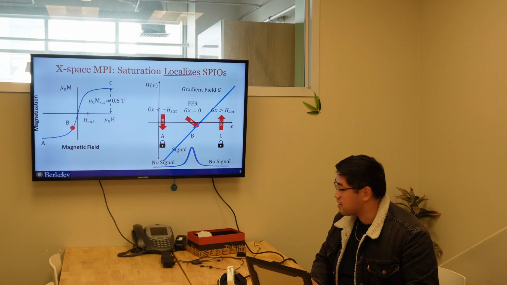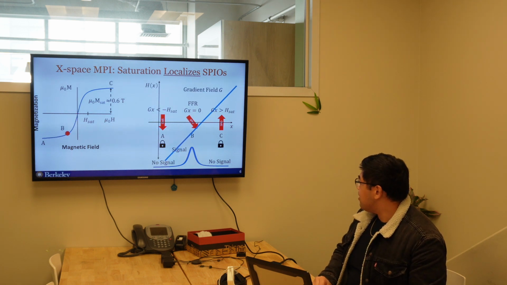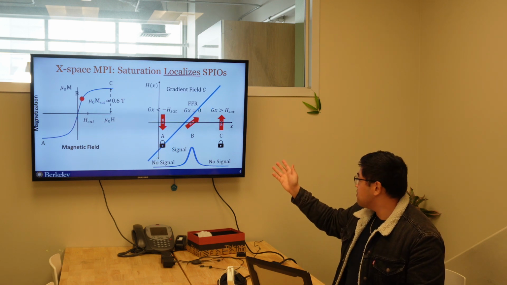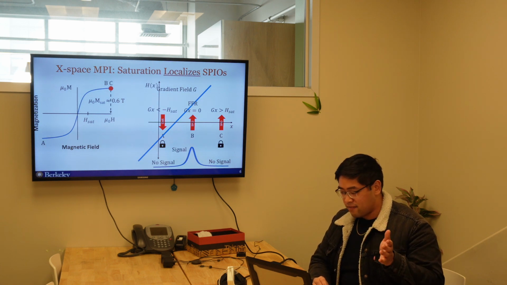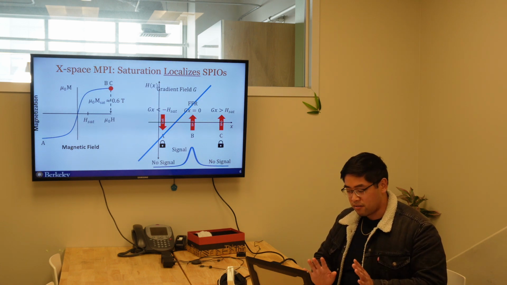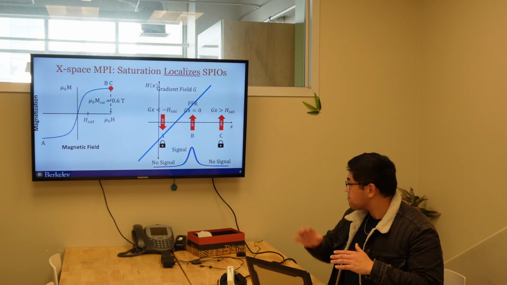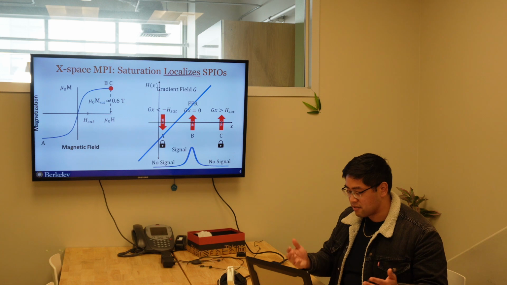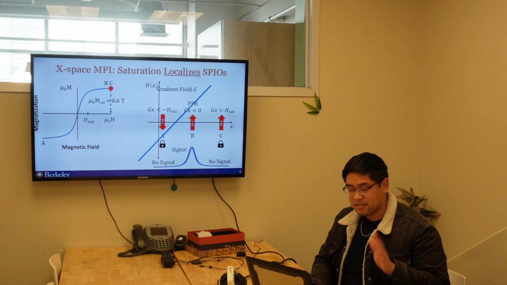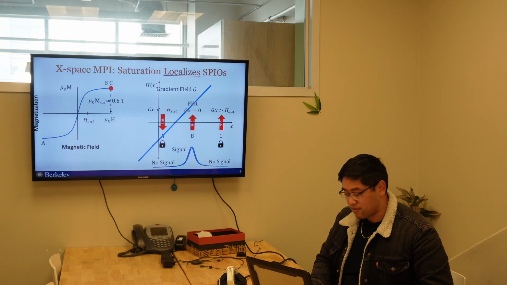Taking a look at this animation here, particle B is free to move in its magnetization while A and C are locked. So utilizing a selective field gradient to localize a particle allows us to grid these signals back to a point in X space, or in our actual image. And this is the principle of magnetic particle imaging.